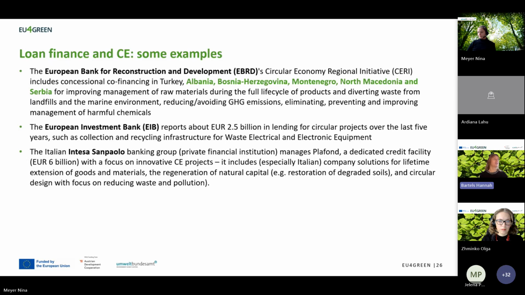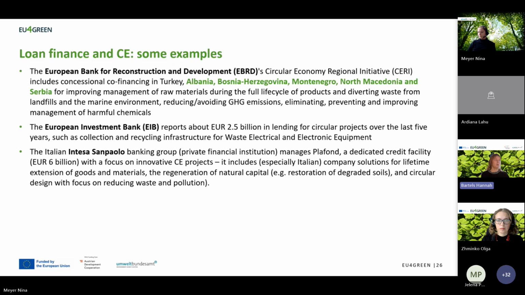So I'm going to start with some examples of how loan finance in the context of circular economy can look like. For example, EBRD has a circular economy regional initiative, which includes concessional co-financing in countries that also include Western Balkan economies for improving management of raw materials during the full life cycle of products and diverting waste from landfills and the marine environment, just to name some activities covered under this initiative.